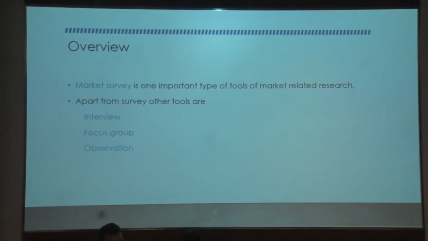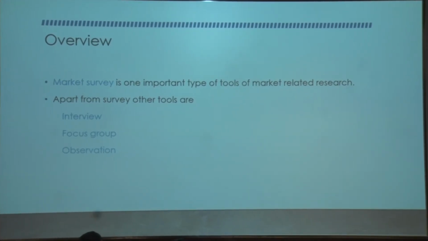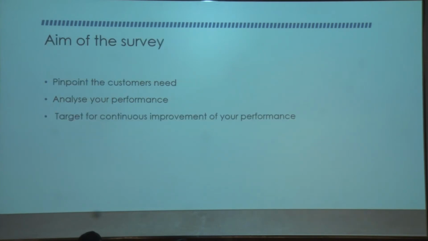Basically, a survey is an important tool for market-related research. Apart from survey, other tools are interview, focus group and observation. One component is a survey, but you can engage a few people for interview and a few for a focus group. You can discuss with some focus group, and your team's observation is the fourth component here.